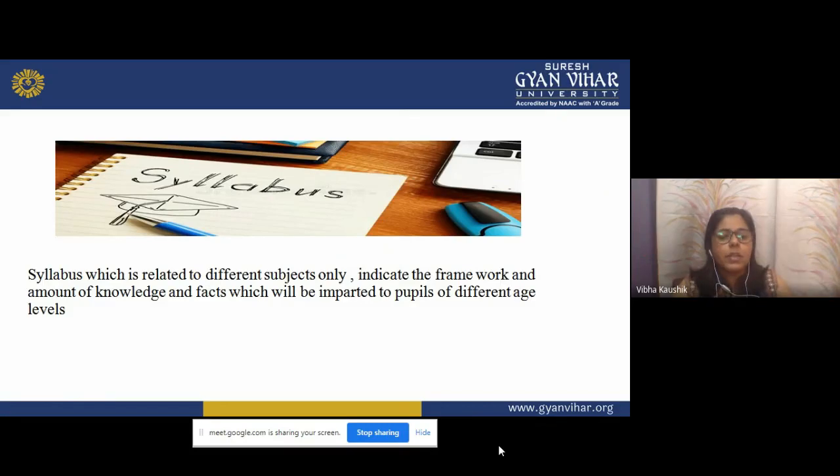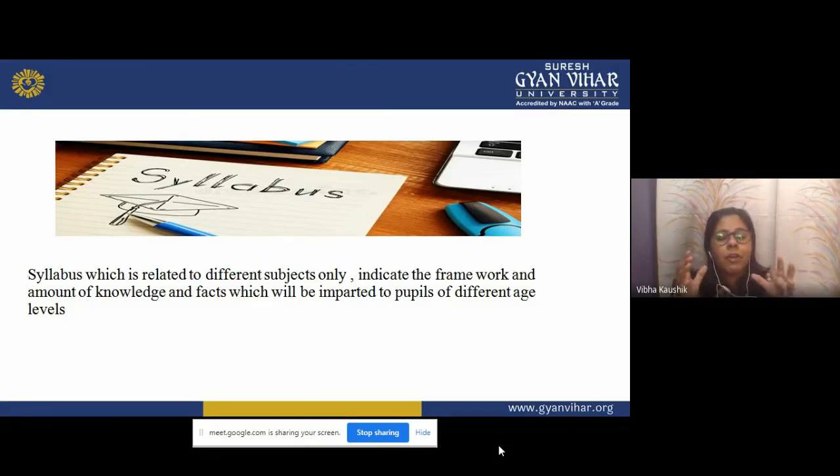Now, a syllabus which is related to different subjects only means different subjects have different syllabi. It is not like every subject has the same syllabus. No, every subject has a different syllabus. It indicates a framework and amount of knowledge and facts which will be imparted to people of different age levels.